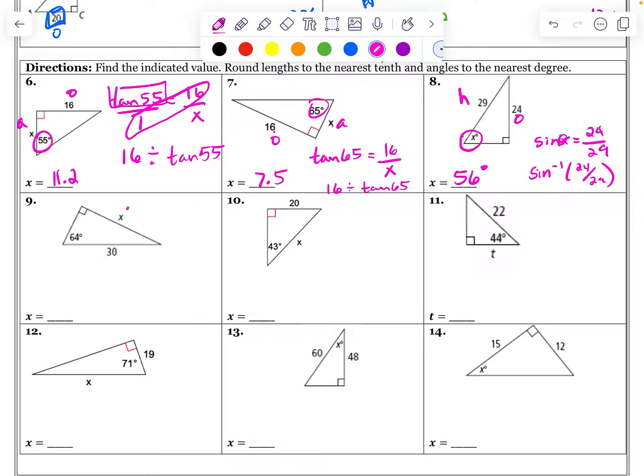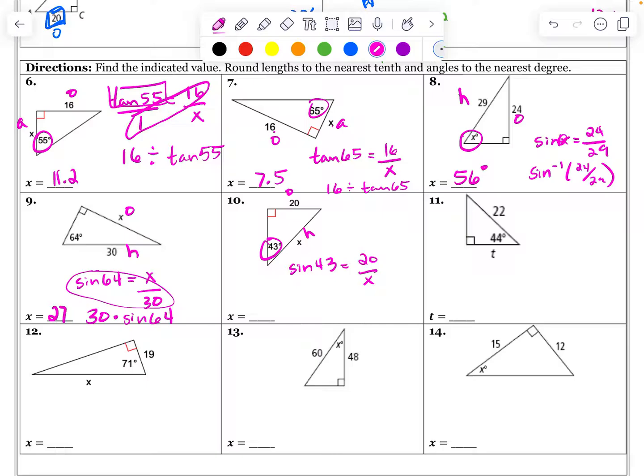Okay, opposite over hypotenuse. Sine of 64 equals x over 30. So I just need to do 30 times the sine of 64, which gives me 27. All right, opposite over hypotenuse, sine of 43 equals 20 over x.